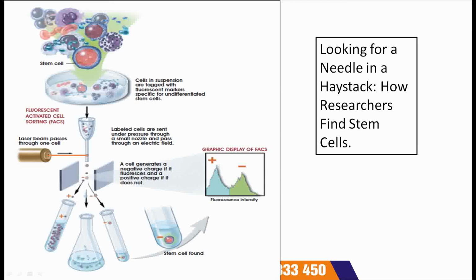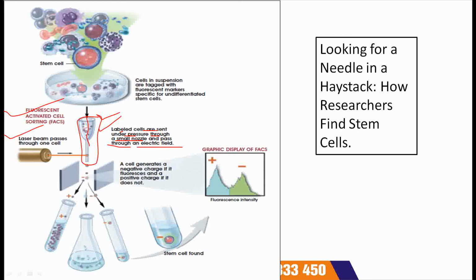So we come to this technique. Here you can see this tube-like structure. These labeled cells are sent under pressure through a small nozzle, this is a nozzle, and pass through an electric field. These molecules are now passed through an electric field.